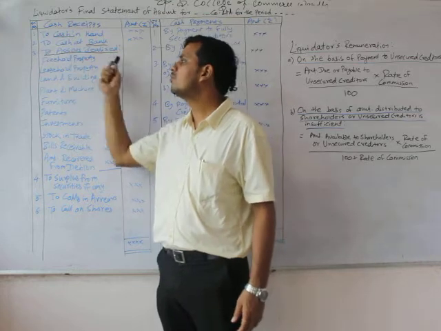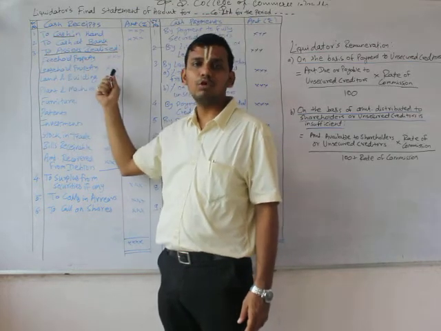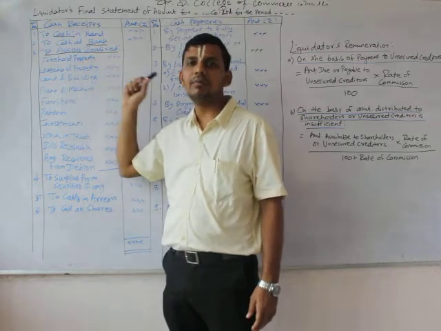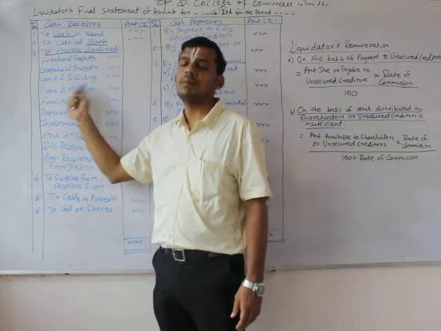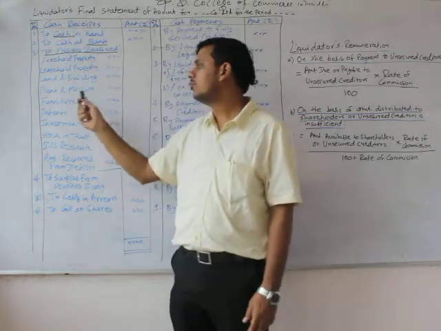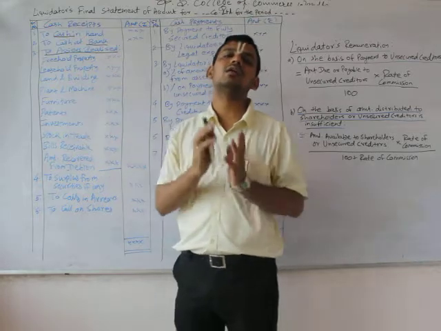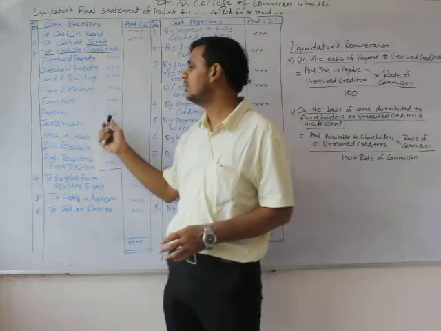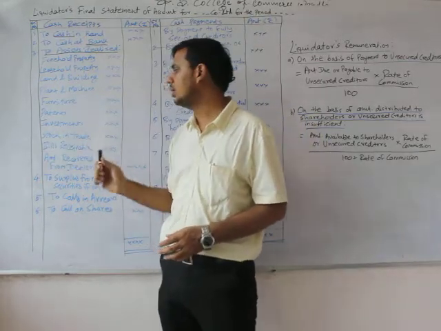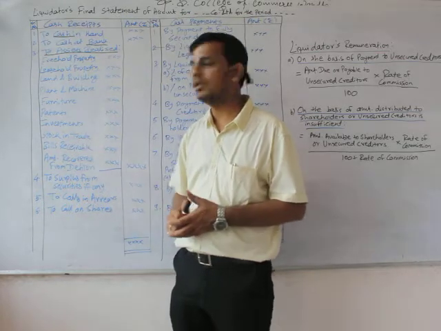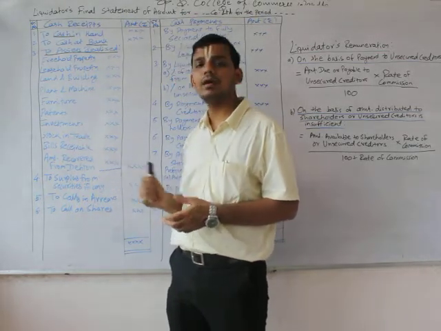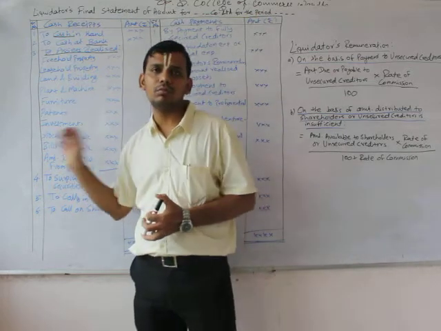It can be freehold property, leasehold property. Usually land and building would be there, definitely. Plant and machinery would be there, furniture would be there. In certain cases patents and trademarks can be there, then investments can possibly be there, stock would definitely be there, bills receivable can be there, as well as amount recovered from debtors.